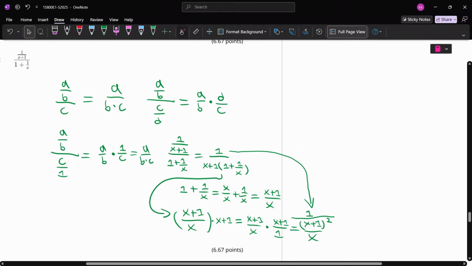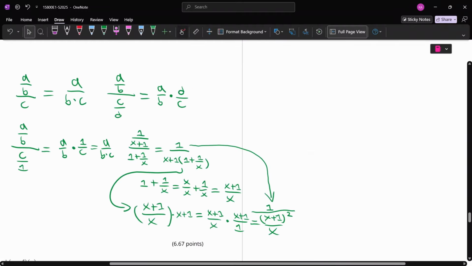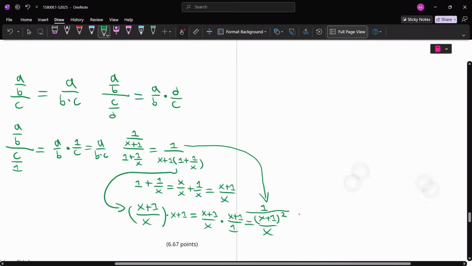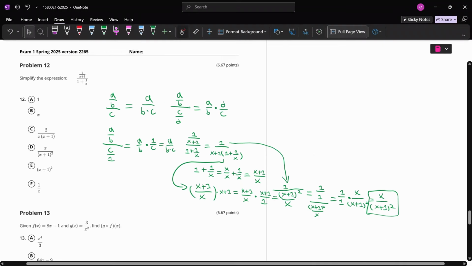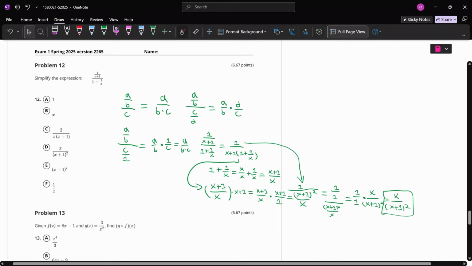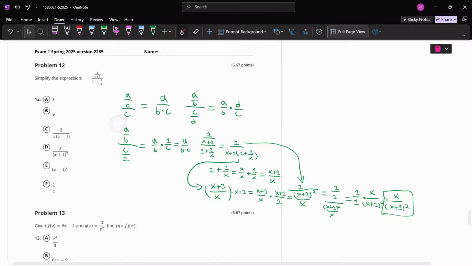Recall our cross multiplication from earlier: this can be rewritten as 1 over 1 divided by x plus 1 squared over x, which can be rewritten as 1 over 1 times x over x plus 1 squared, which just equals x over x plus 1 squared. And so this would be the final simplified version of the fraction given to us. So matching that up with our answer choices, the answer to this question is going to be D.